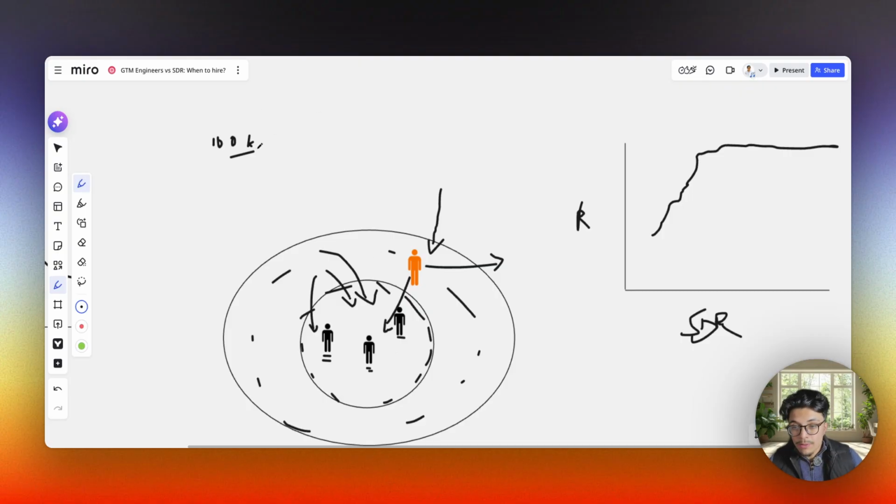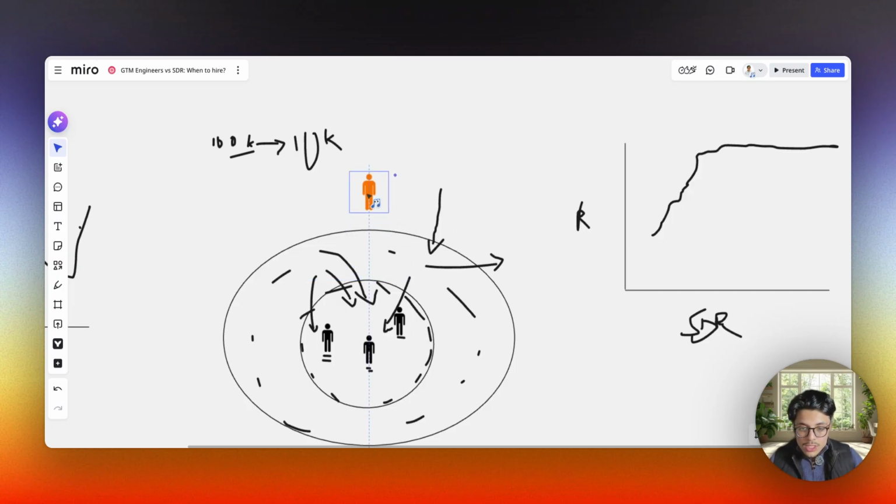And another example for the outbound side itself: let's say you have 100,000 prospects in your TAM, and out of them only 10,000 are, let's say, tier 1, and the rest are tier 2 or tier 3. Now, if you don't have a GTM engineer in place, then these SDRs will treat all of these 100,000 leads as equal, right? But what this GTM engineer is doing is helping these SDRs with clarity, first of all.